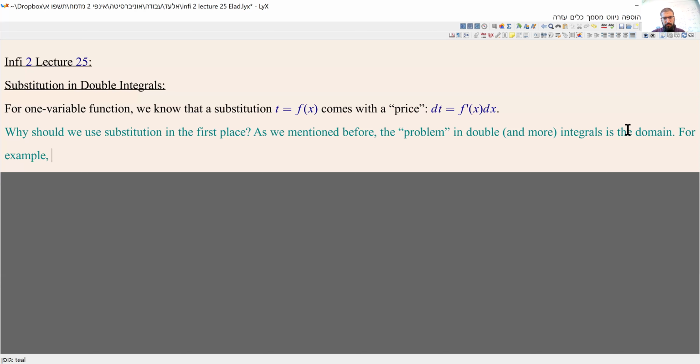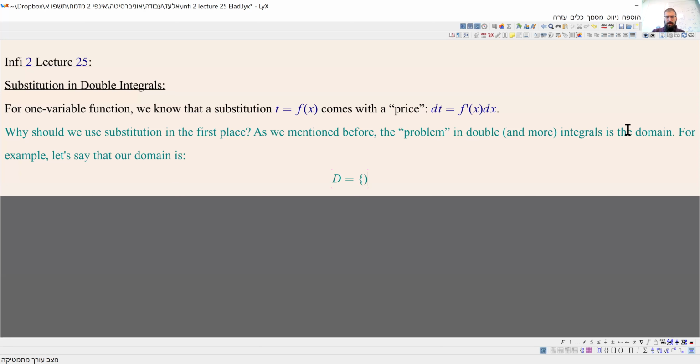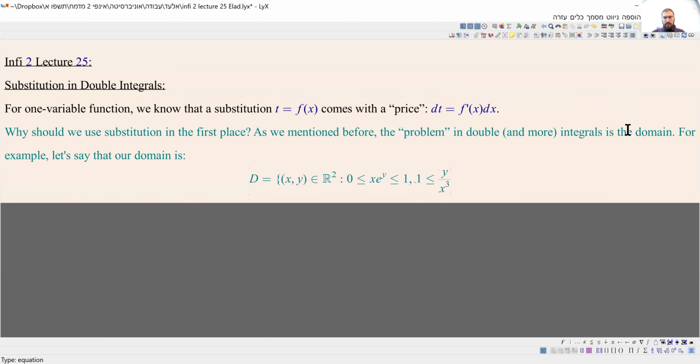For example, let's say that our domain, over which we can calculate the integral, D, is all the x, y points in R2 such that x e to the power of y is between 0 and 1, and y over x to the power of 3 is between 1 and 4, for example.